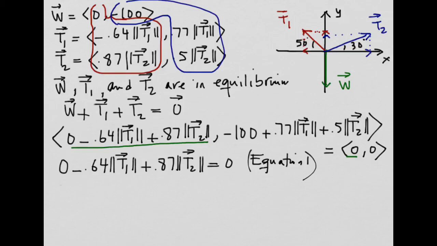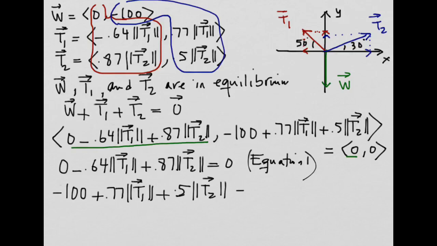The second equation is minus 100 plus 0.77 times the magnitude of T1 plus 0.5 times the magnitude of T2 equals 0.